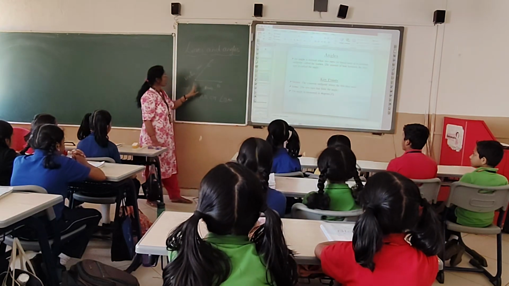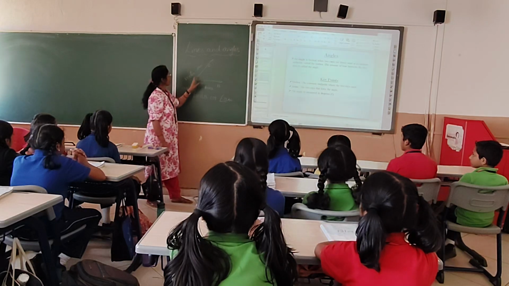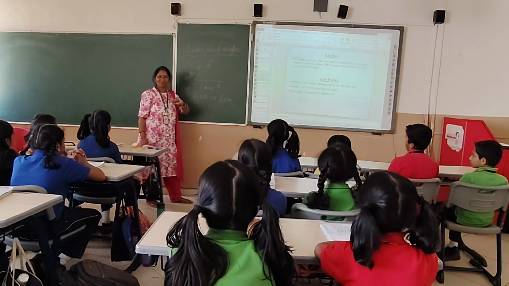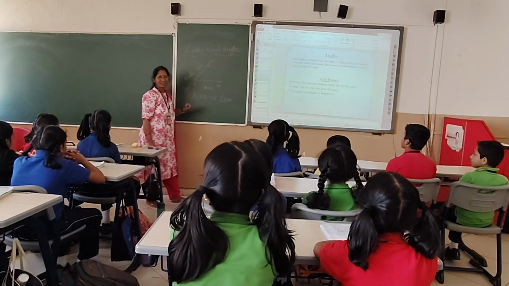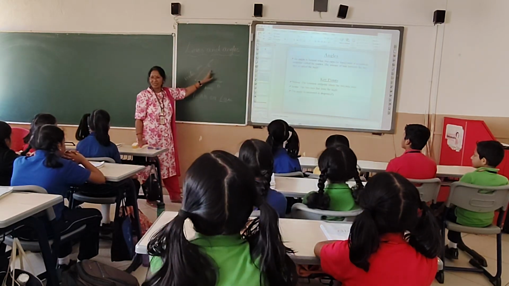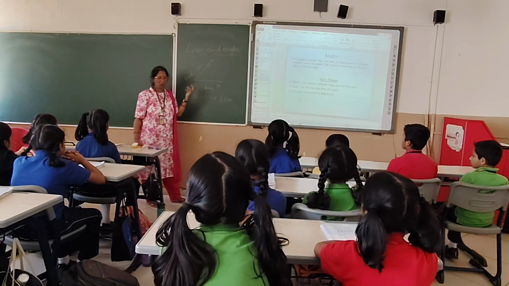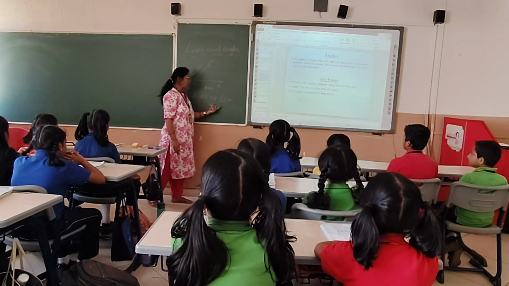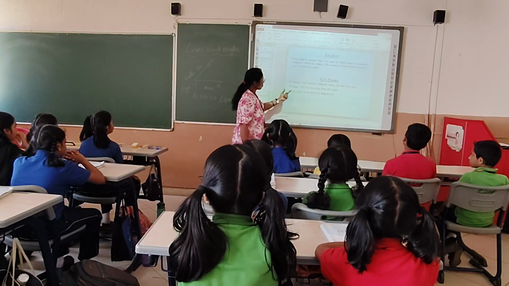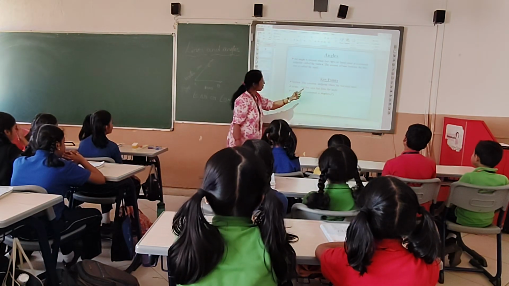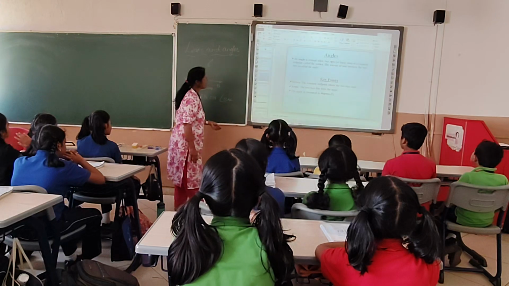You cannot write angle ACB or angle BCA. Is there any midpoint or anything there? Vertex? No. So you are going to write angle CAB or angle BAC. The vertex is the common end point where the two rays meet.